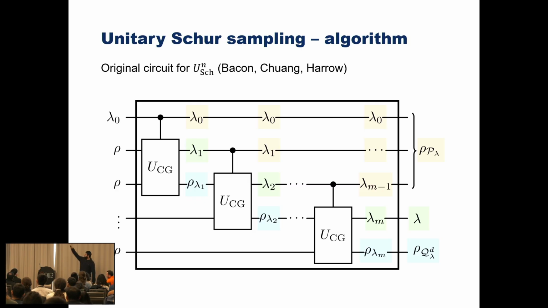The implementation from Bacon, Chuang, and Harrow, which is, by the way, a very nice result, showed that you can perform the Schur transform by performing this ladder of Clebsch-Gordan transforms, which always takes two unitary irreps and gives you a new irrep decomposition.